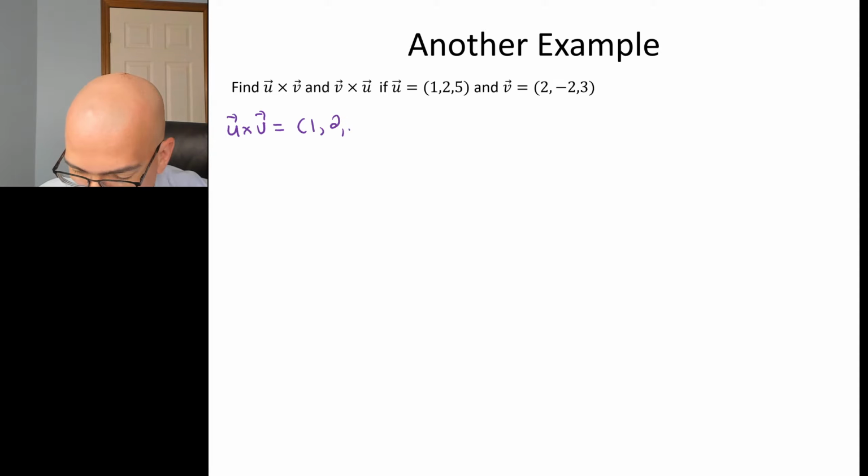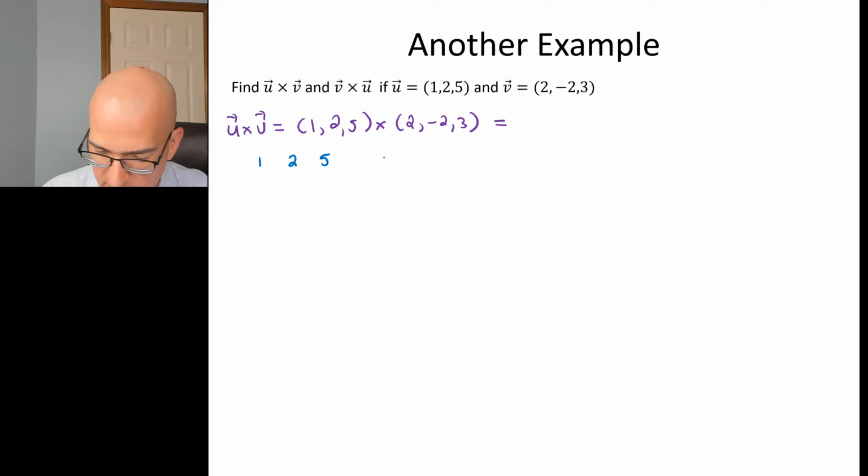1, 2, 5, cross 2, negative 2, 3. So I'm going to do that thing where I make 2 copies. 1, 2, 5, 1, 2, 5.